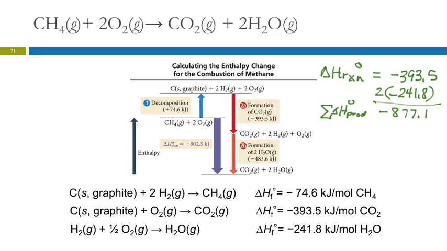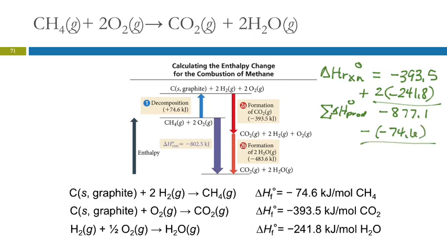Then I need to subtract the heats of formation of the reactants. So I'm subtracting, here this was adding together, I'm subtracting the sum of the reactants. So this is minus 74.6.